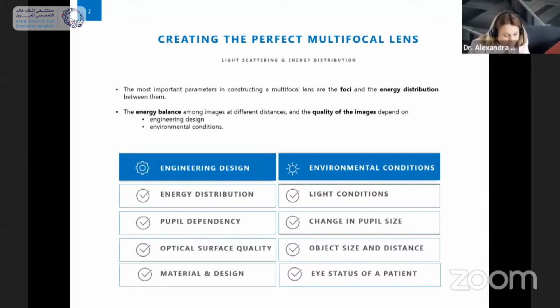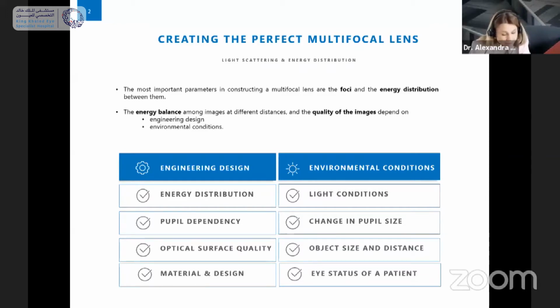So when there is a multifocal lens design, there are different factors. These are engineering design factors. We have to look at energy distribution, and I have to tell you that each company, each producer, works with the same amount of energy. We have to take into consideration the pupil and the optical surface. High tech and precision are extremely important when developing and producing multifocal IOLs.